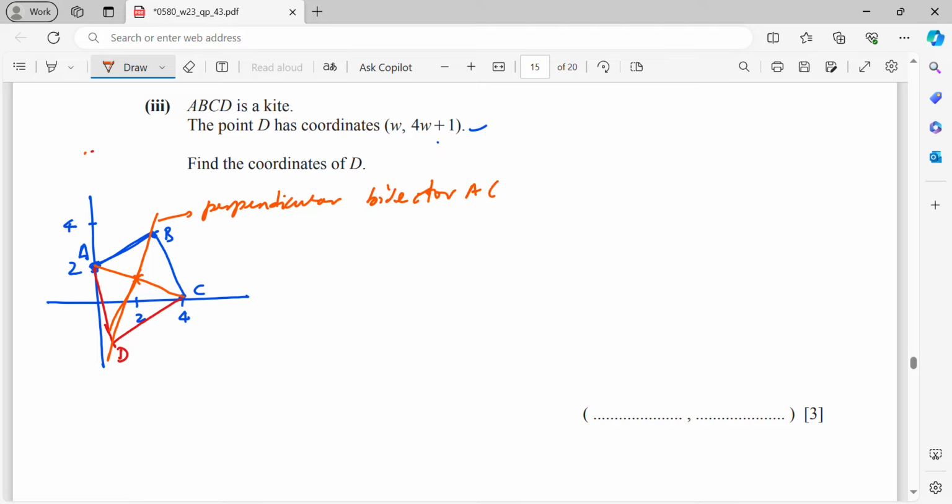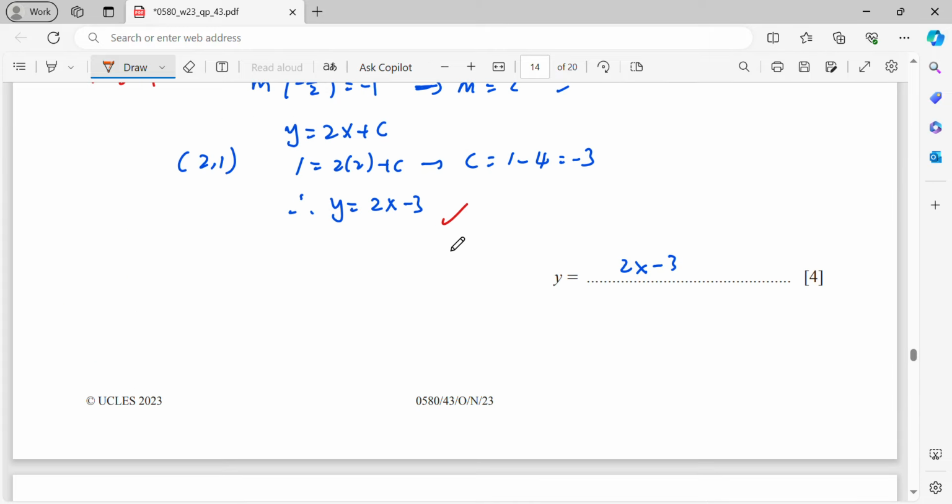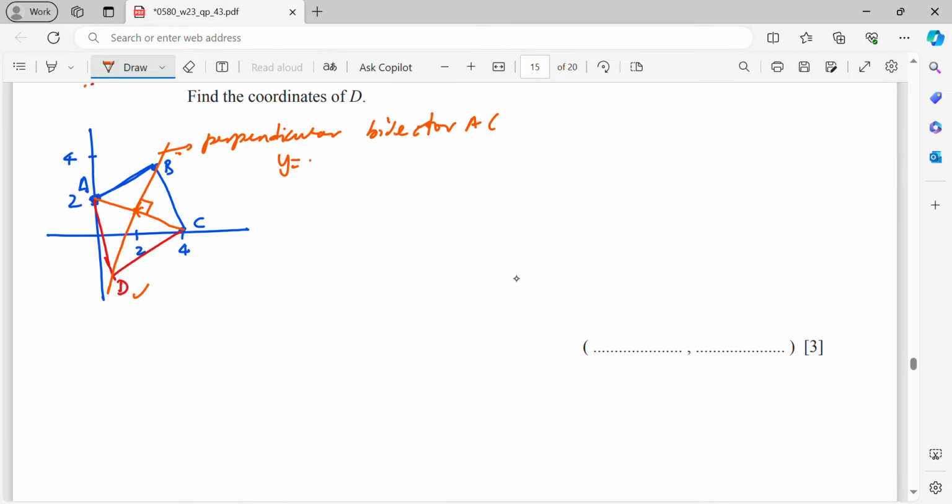Now, I know that for a kite it must be 90 degrees, so that means your D lies on this line, y equals 2x minus 3. This is the perpendicular bisector.